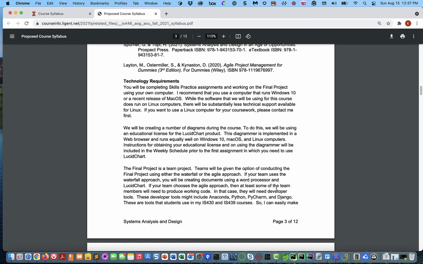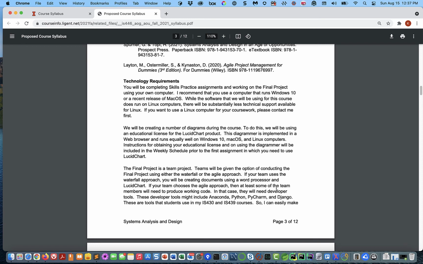For teams that decide that they want to take an agile approach to systems analysis, that means they're going to have to do several sprints of system development. Okay. In that case, you're going to need more computer stuff.